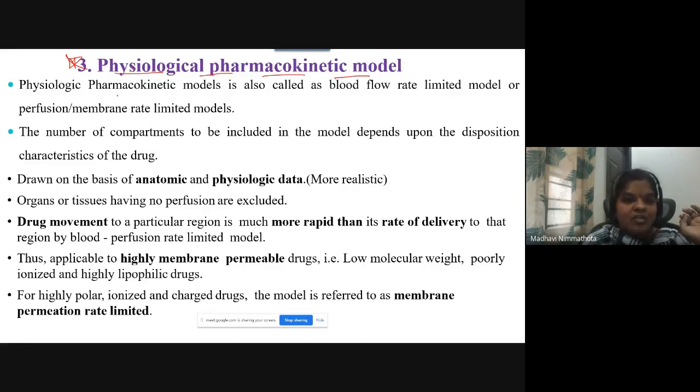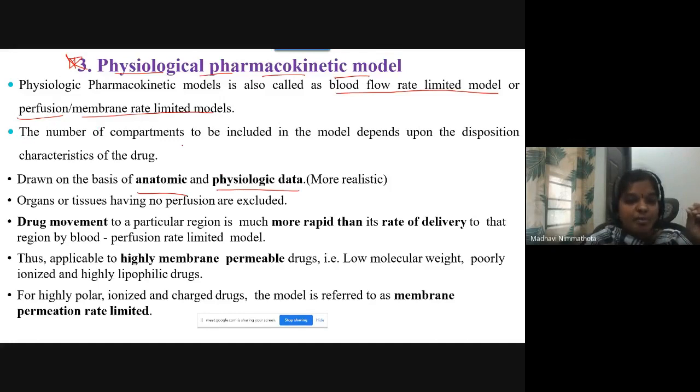So the physiologic pharmacokinetic model is also called the blood flow rate limited model or perfusion or membrane rate limited model. Here this model will be assumed depending upon the anatomical and physiological data of the animal or of the human beings, so it depends upon the design of the experiment.